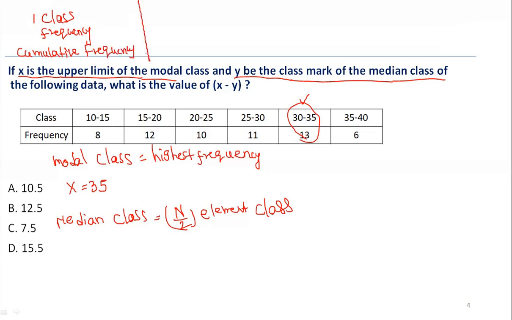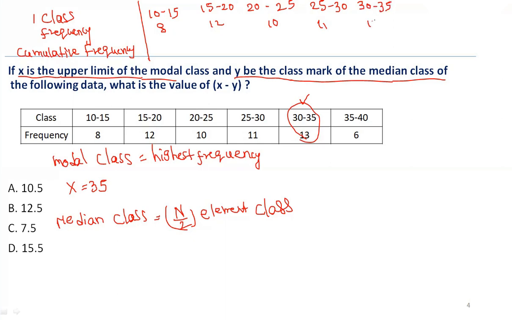The classes are 10 to 15 with frequency 8, 15 to 20 with 12, 20 to 25 with 10, 25 to 30 with 11, 30 to 35 with 13, and 35 to 40 with 6. These are the original values given in the question, and I'm adding the cumulative frequency column.